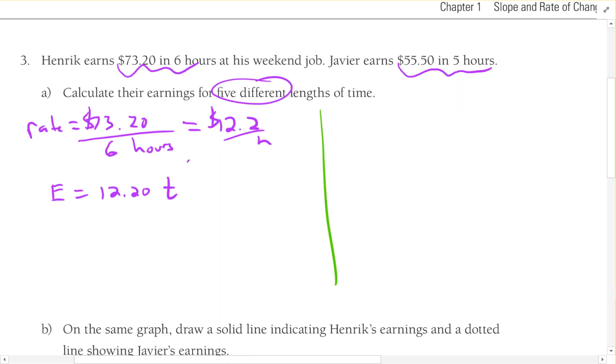You could throw whatever time you liked into there and you would get a different earning. So just to give you a test here, what would it be if that was 3? So your earnings would be 12.20 times 3. So that would be $36.60.